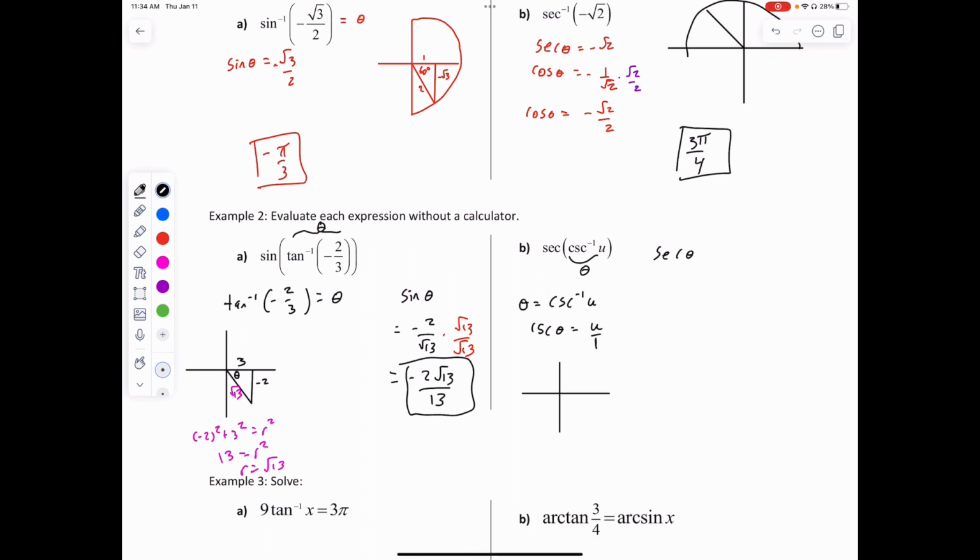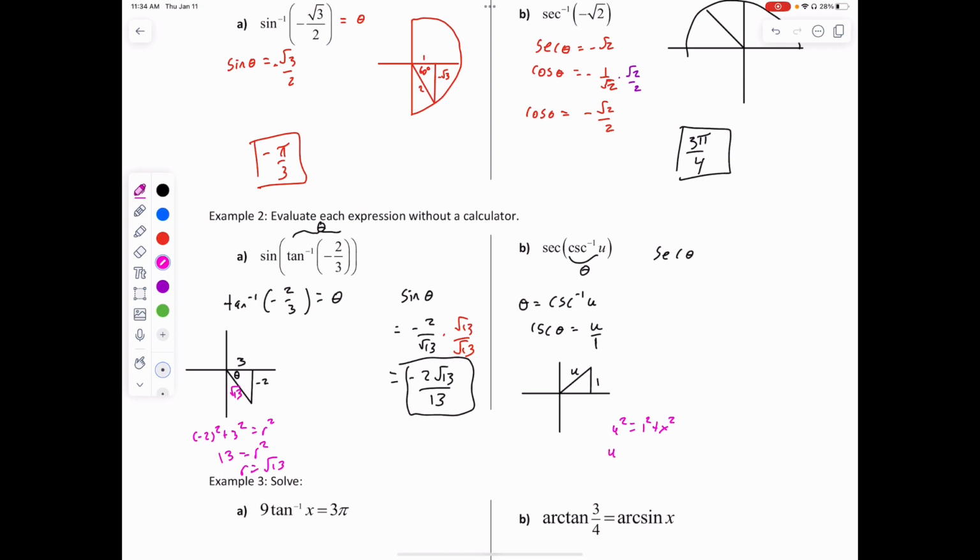If cosecant of theta is equal to u over 1, remember cosecant is hypotenuse u over opposite 1. And then using the Pythagorean theorem, I can find this missing side. u squared should be equal to 1 squared plus x squared.